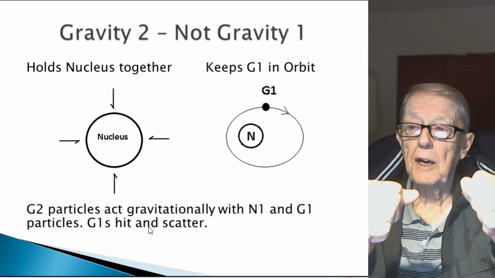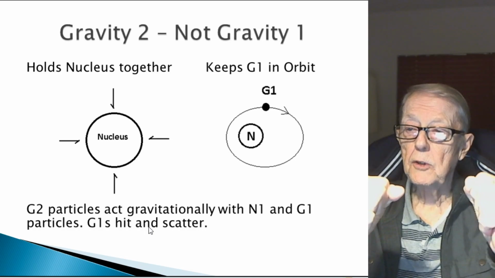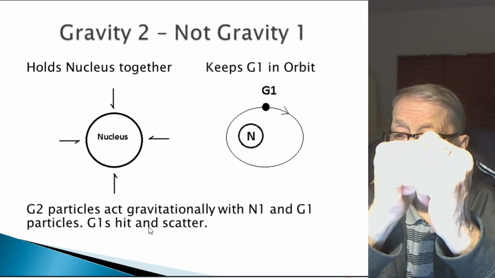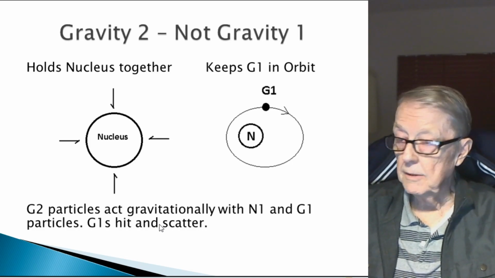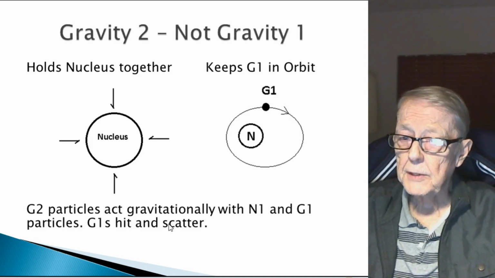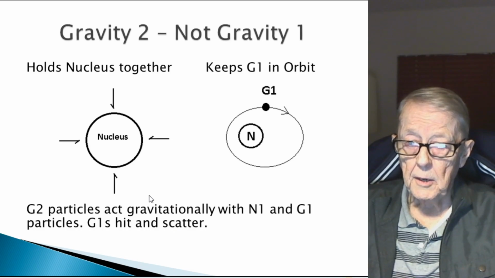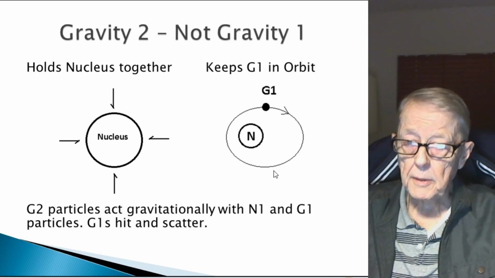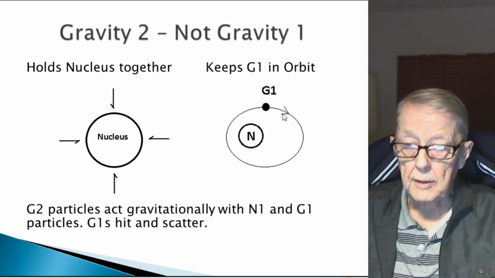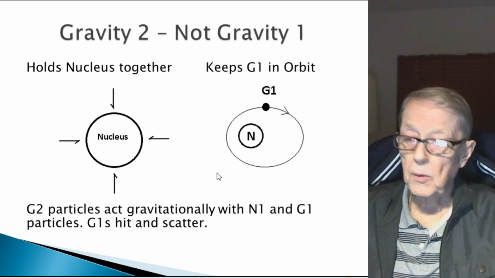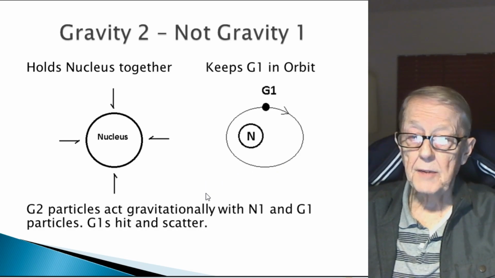You think of these as two G1 particles coming together, they hit, they scatter. That's not gravity, not as individual particles like that. If you want to have an orbit like the moon around the Earth or the G1 around the N1, it has to be gravitational.